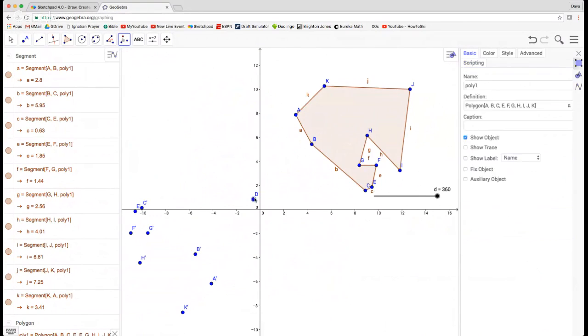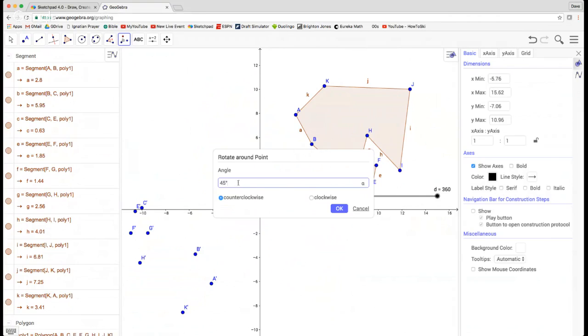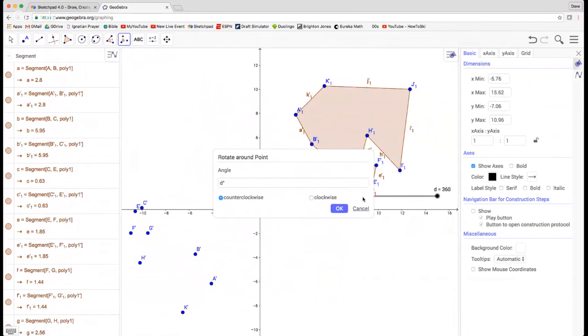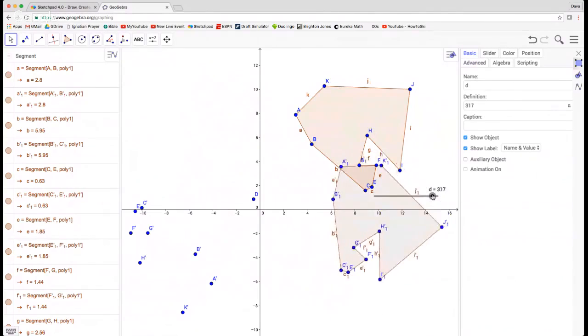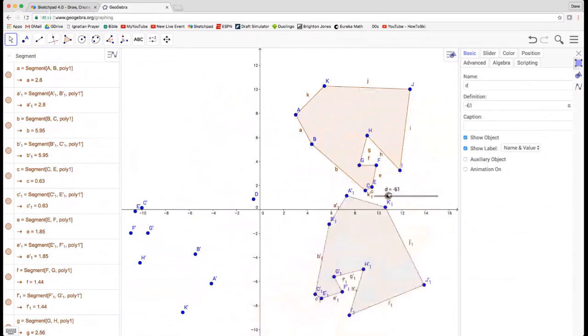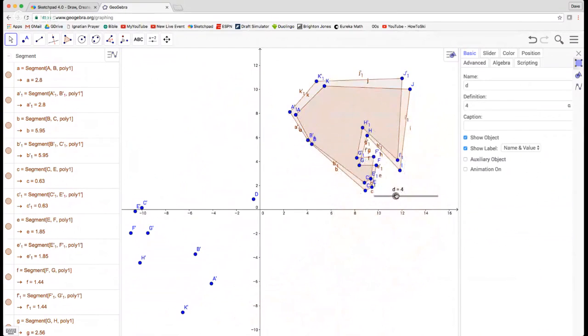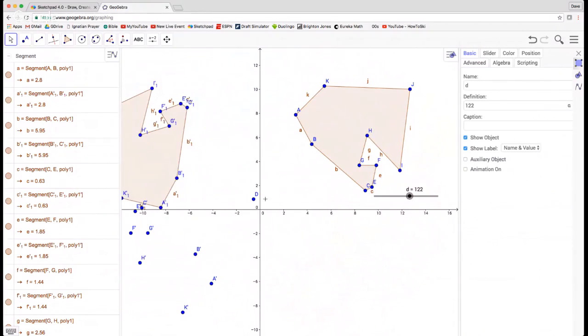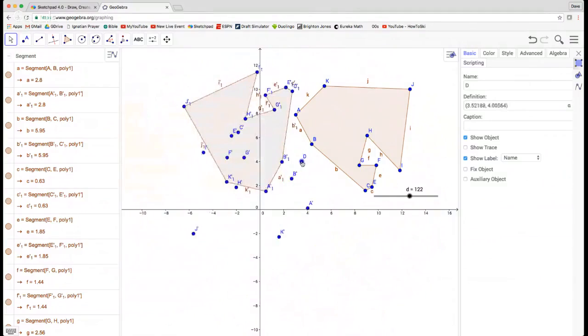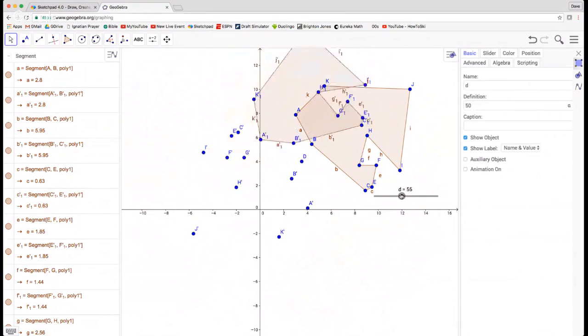We're going to select this, and then we're going to select this point, and then we're going to move that. So there we go. If we're at 0 degrees, we can rotate it around point D. And if we move point D closer, then our rotation stays tighter.